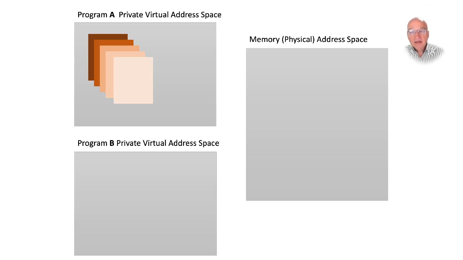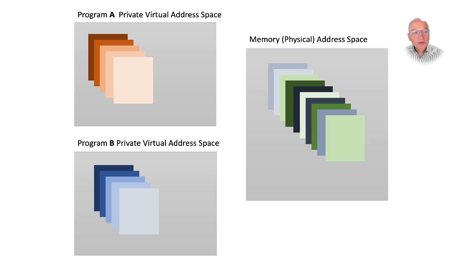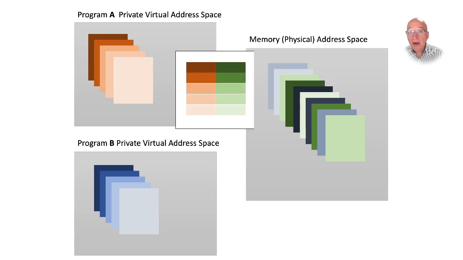I will divide my virtual address space into pages, and as I said, a common case is that we're going to use pages of 4 kilobytes. And we're going to have a different division also of the private virtual address space of program B. And we'll divide the physical address space into frames. So we talk about pages in the virtual space and frames in the physical space. And now what we need to do is to have a mapping.